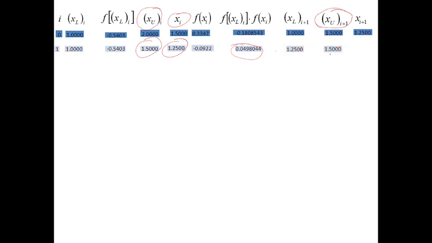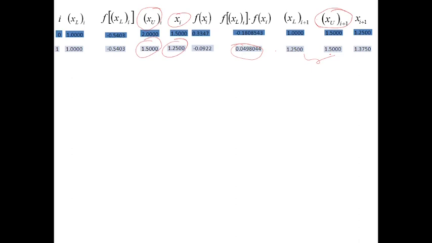And then, pag add natin yung dalawa, over 2, 1.375. So, ang ibig sabihin nito, ang real root, ang root na hinahanap natin, sa pagitan ng 1.25 hanggang 1.5.